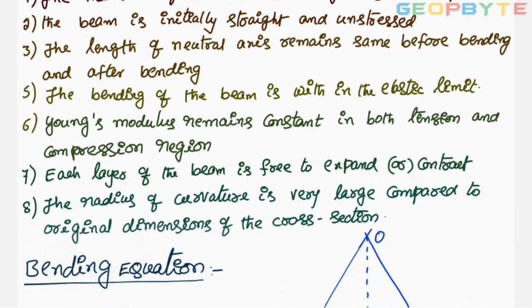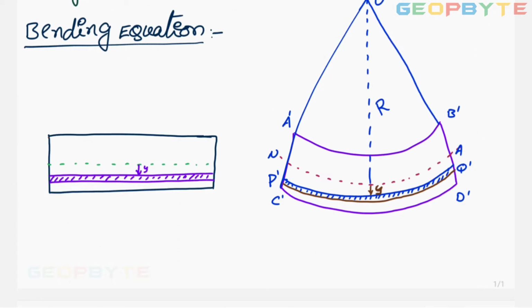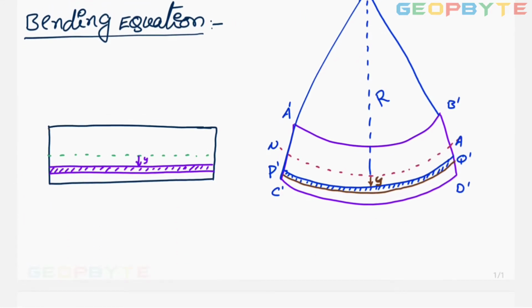Let us take the block diagram. So this is a beam that I have selected. The beam I selected is ABCD, and the axis passing through the centroid is called the neutral axis.